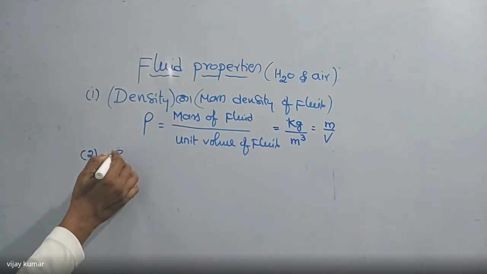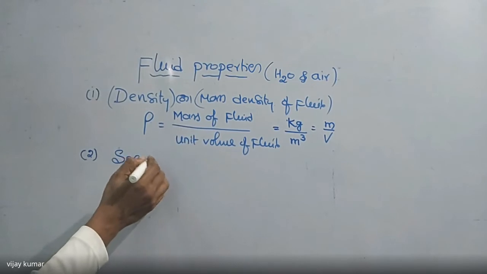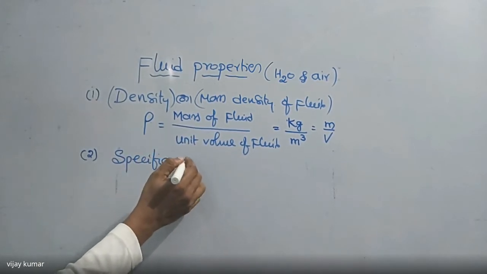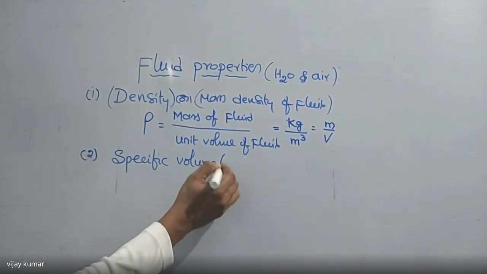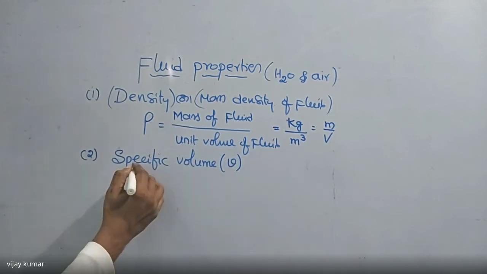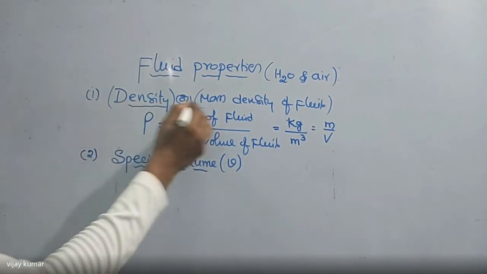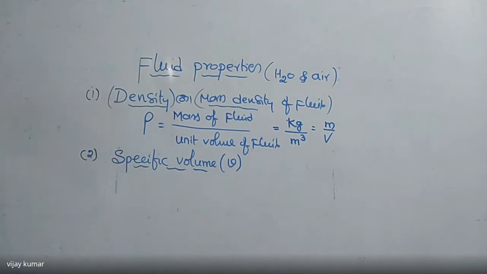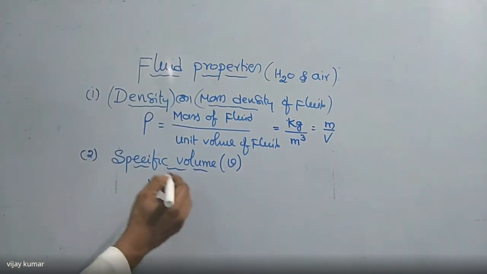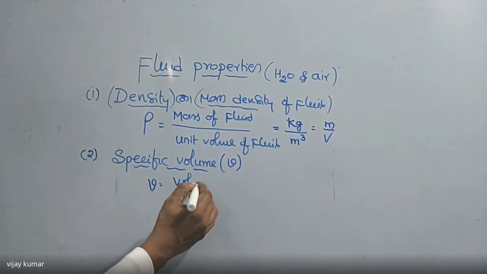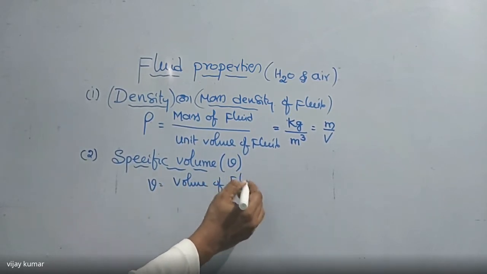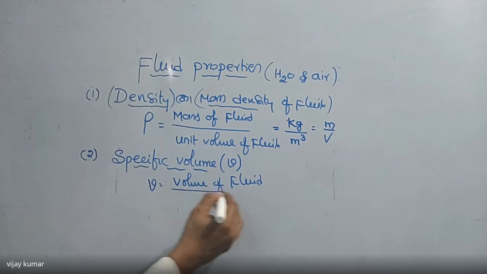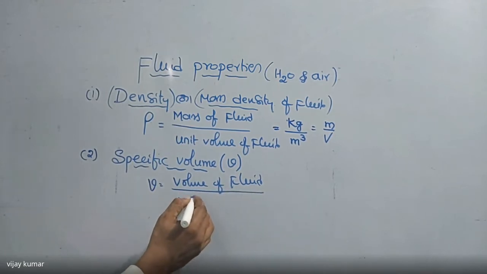specific volume. It is indicated by the symbol small v. This is property number two, and density is property number one. What is the specific volume here? Specific volume is always defined as the ratio of volume of fluid per unit mass.